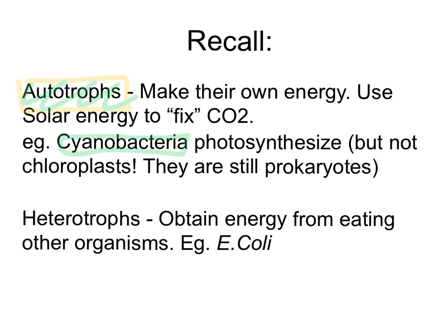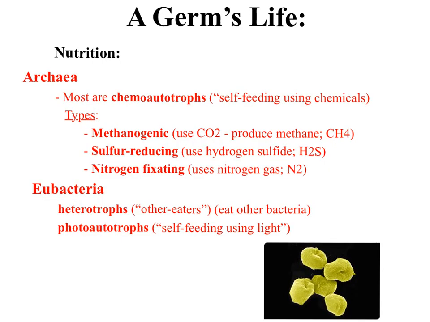Because, of course, cyanobacteria is a bacteria with no membrane-bound organelles, so they don't have chloroplasts. We also have heterotrophs. Heterotrophs obtain their food from eating other organisms. An example of that is E. coli.